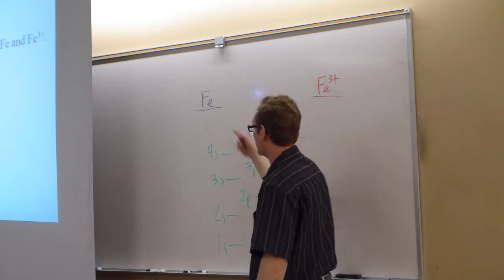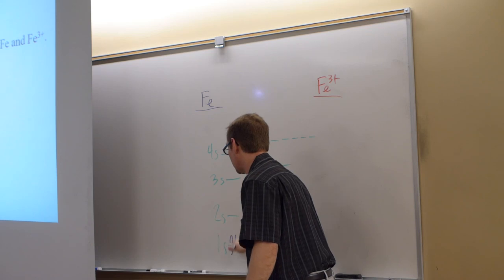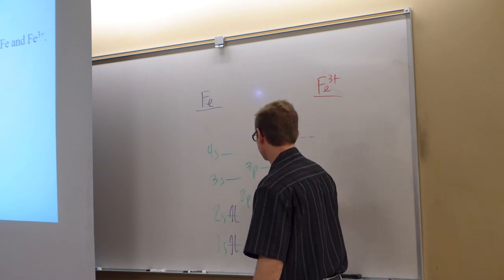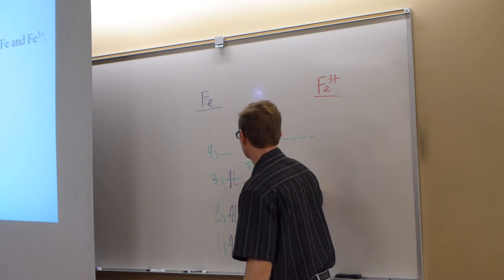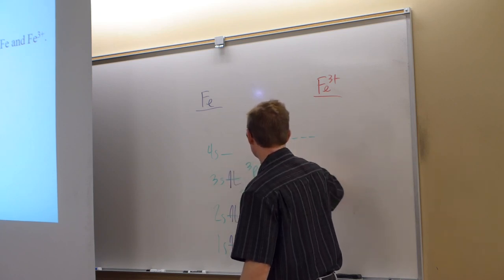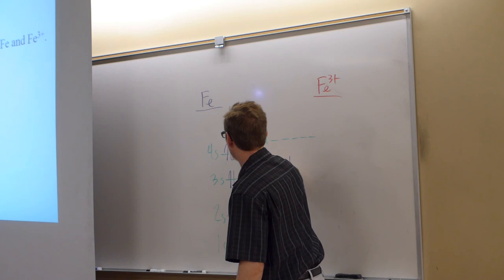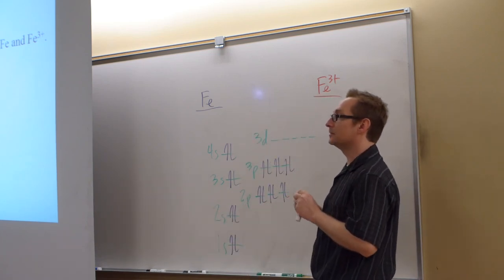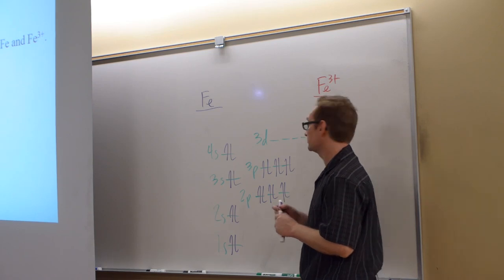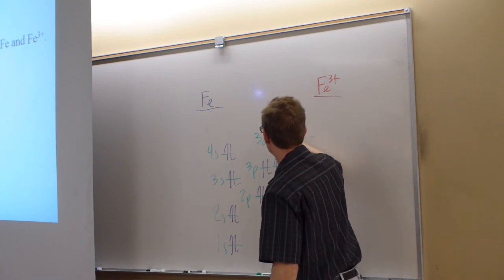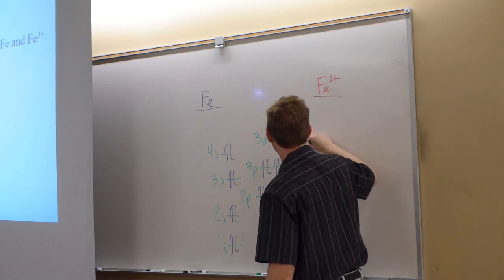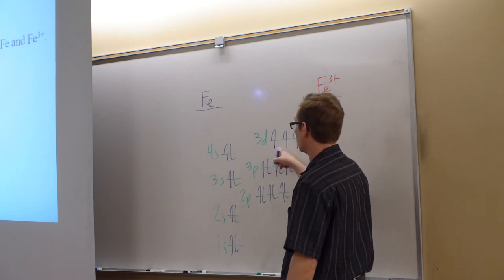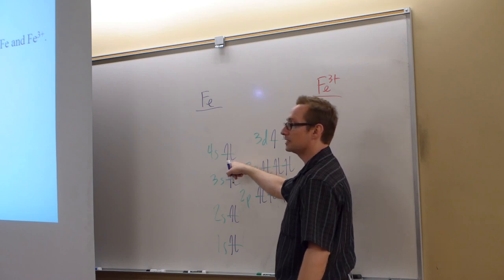Okay, so for iron, let's do this. 1s2, 2s2, 2p6. So according to the periodic table, how many valence electrons does iron have? We've got 8 valence electrons. So there's 5. So we've got 5 here, and the 2 here, that makes 7.